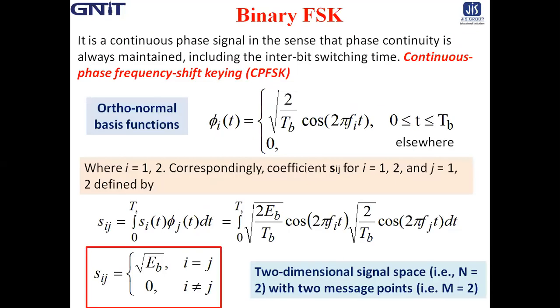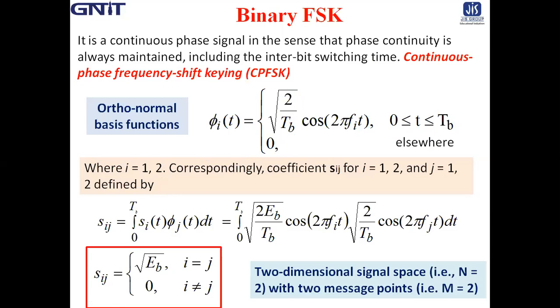We therefore deduce the most useful form for the set of orthonormal basis functions, which is denoted as phi i(t), which is square root of 2 by Tb cos 2 pi fi t, where t belongs to 0 to Tb, else it is 0, where i is equal to 1, 2.